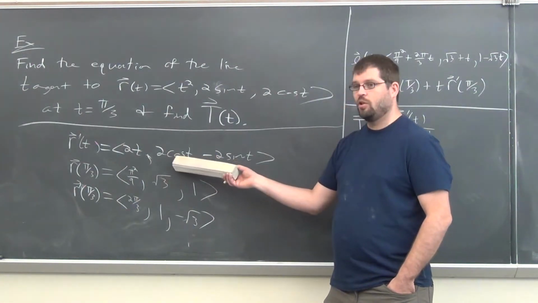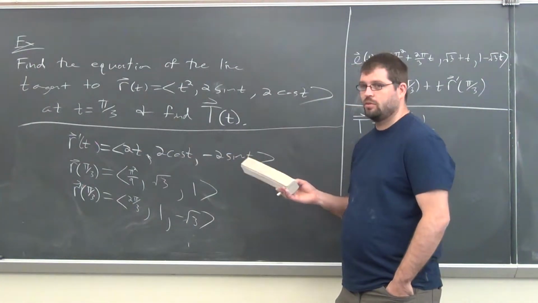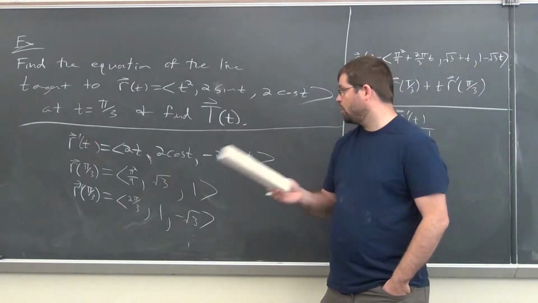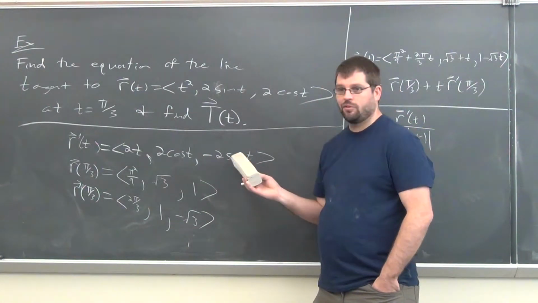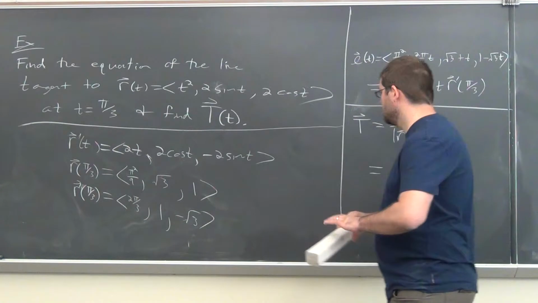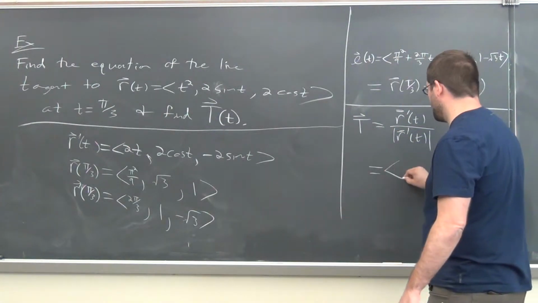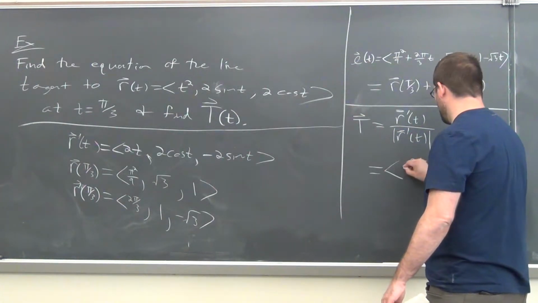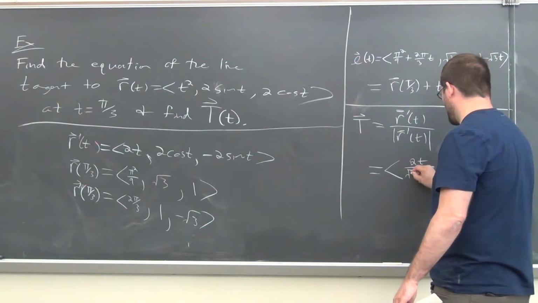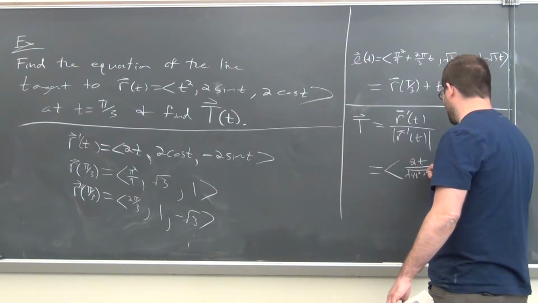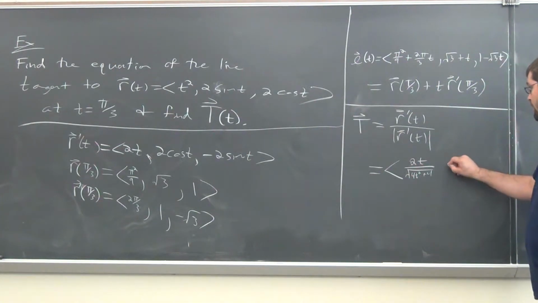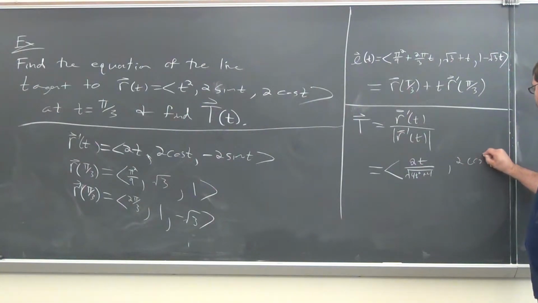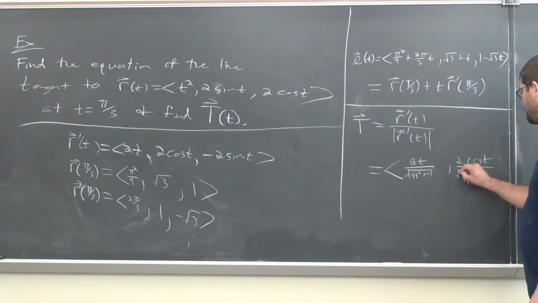Plus 2 cosine squared plus 2 sine squared. So it'll be 4t squared plus 4, right, when you do that? And so maybe I'll just jump to that. So you're going to end up with 2t over the square root of 4t squared plus 4, right? And then 2 cosine of t over that same thing.